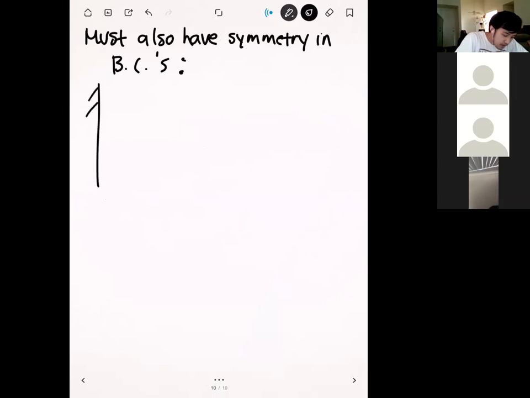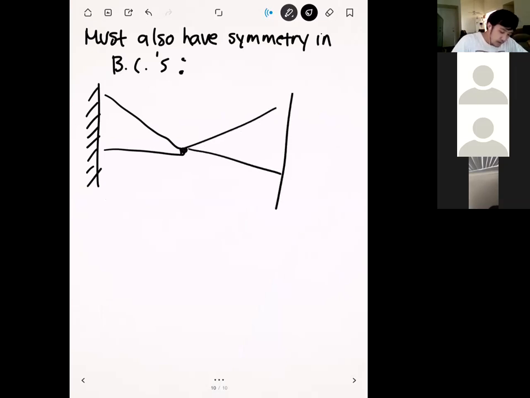Let's take the same situation. Let's say that instead of a force that's going straight down, we have a force that's going like this. Okay? So it's skewed to one side. Right? In this particular situation, you cannot apply symmetry because the boundary condition is not symmetric.